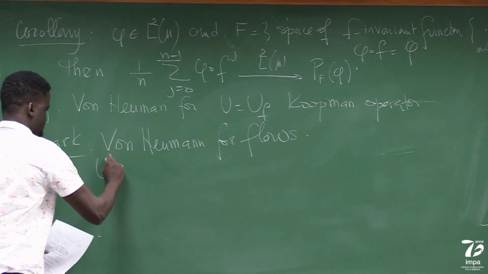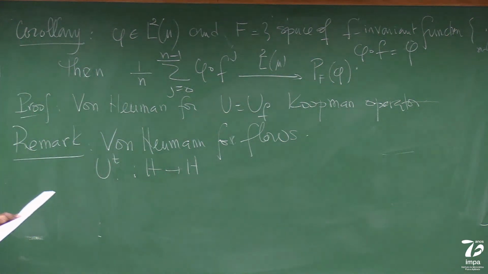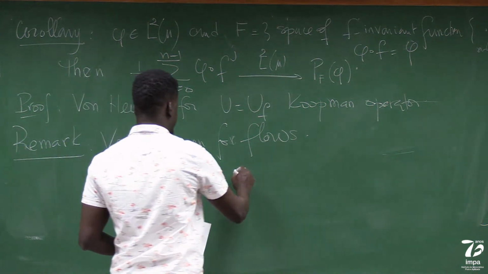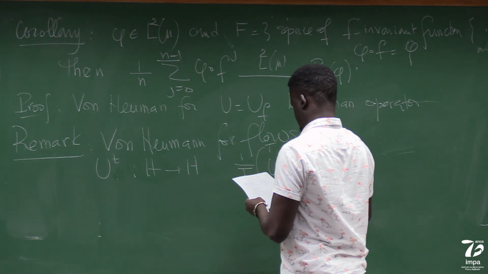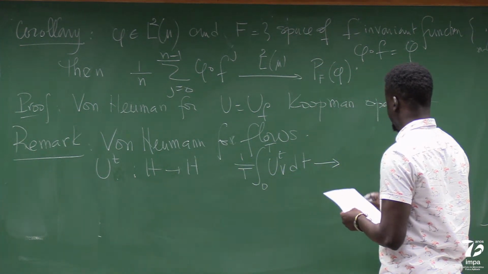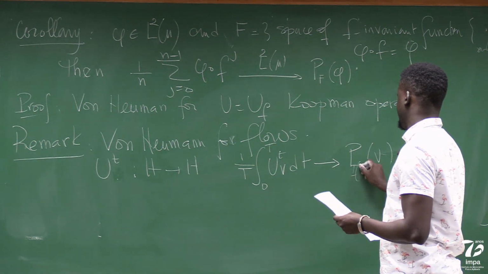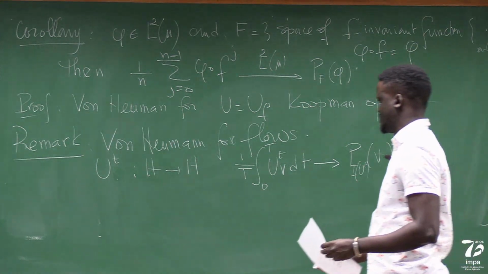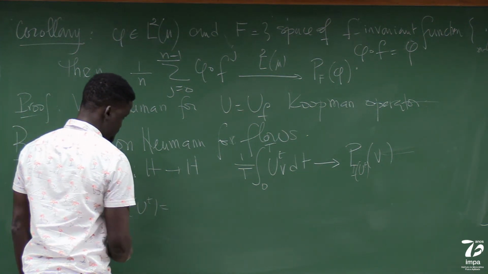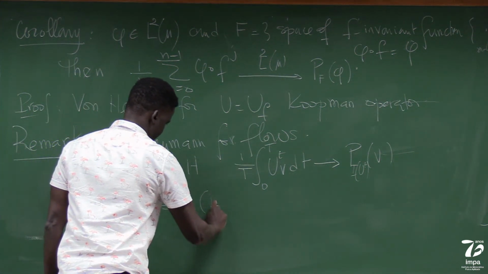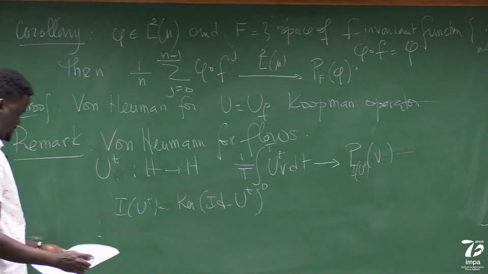For that you have a family of operators U t from H to H. The theorem tells you that 1 over t, the integral from 0 to t of U t v dt, is converging to P of v, where P is the projection onto the invariant set of U t, being the kernel of identity minus U t.